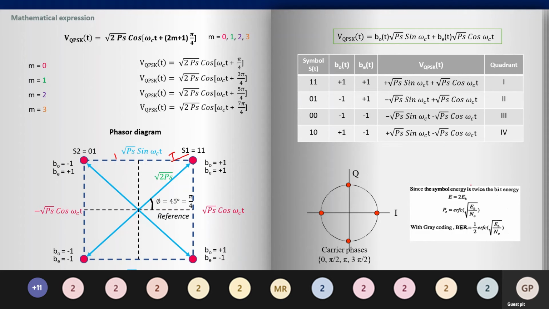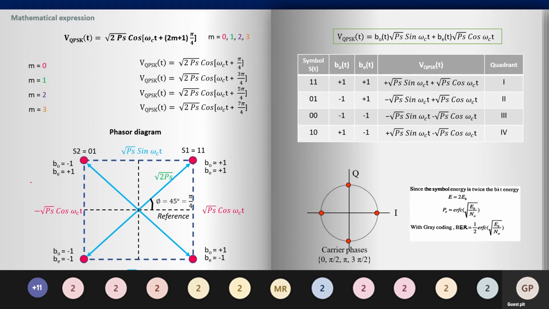In the first quadrant you can place the data 1 1, at quadrant 2 you can place data 0 1, at quadrant 3 you can place the data 0 0, and at quadrant 4 you can place the remaining data, equally placed. Okay, not only in terms of a square can you draw it, using the circular constellation we can also draw it. And then the formulas: power, error probability formula, energy formula, and bit error rate for QPSK.